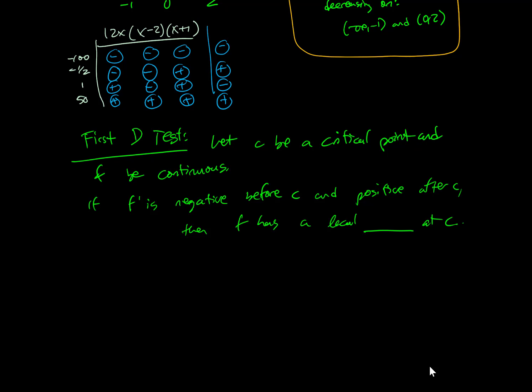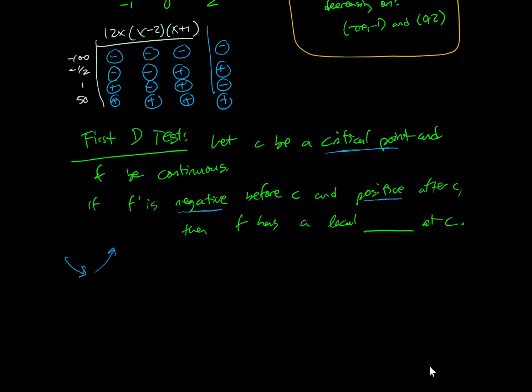Okay, let's think about what we're saying here. The derivative goes from negative and then it switches to positive. So what does that say about the original graph? If it's negative, what does that say about f? It says it's decreasing, right? If it's positive, that means we're going up.